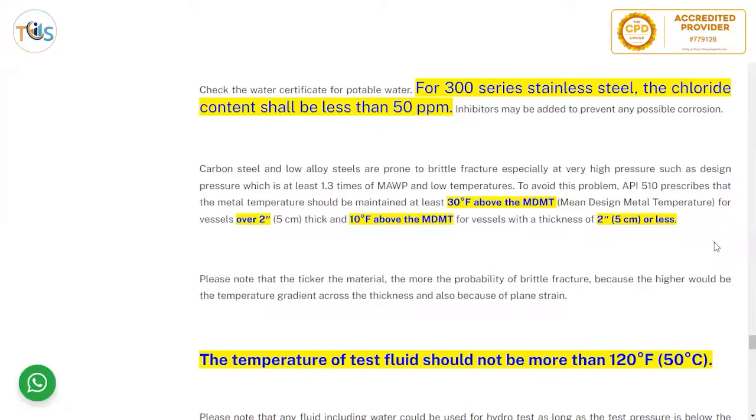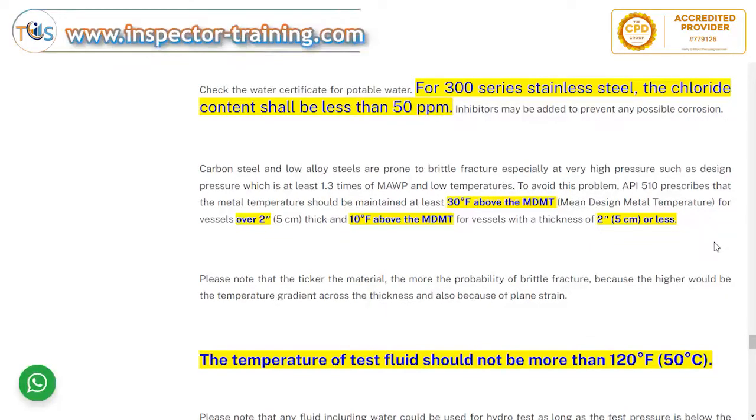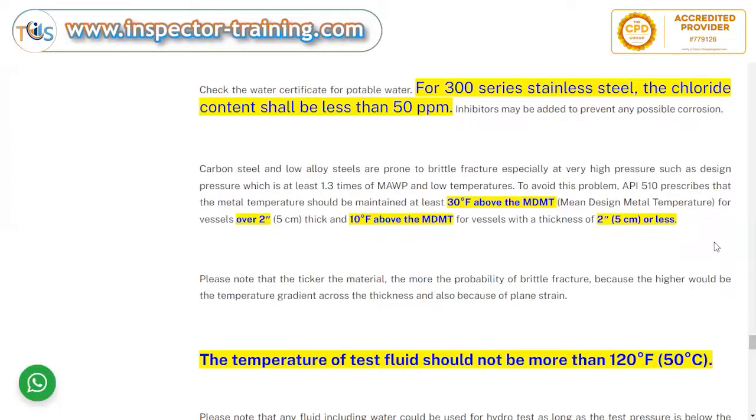It says over 2-inch, it should be 30 degrees above MDMT, and for less than 2-inch, it should be only 10 degrees above MDMT. Whereas in ASME Section 8, it straight away says it should be 30 degrees above MDMT. It doesn't talk about the thickness. Thickness doesn't matter.